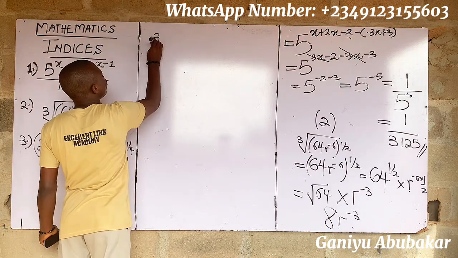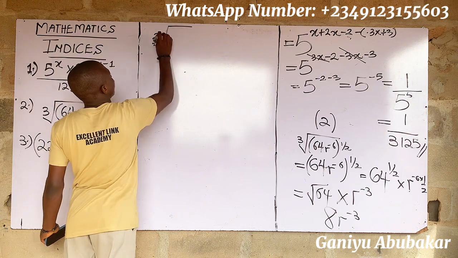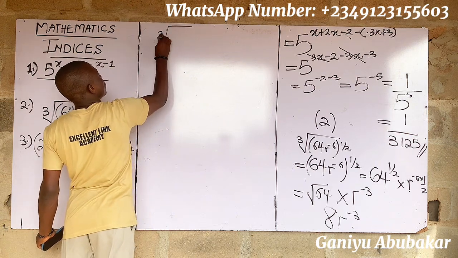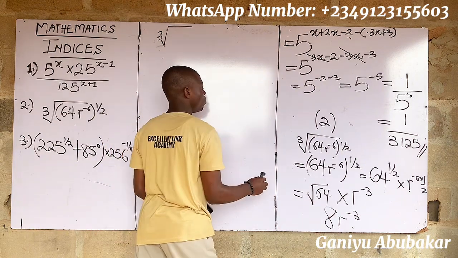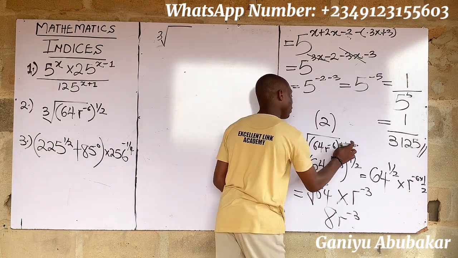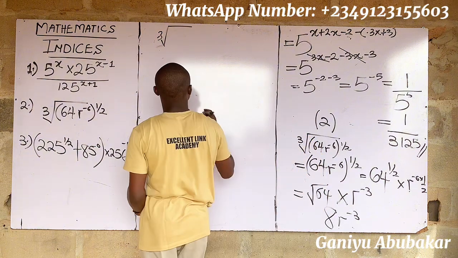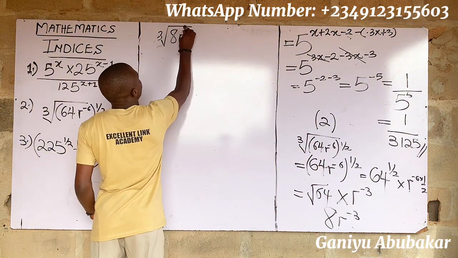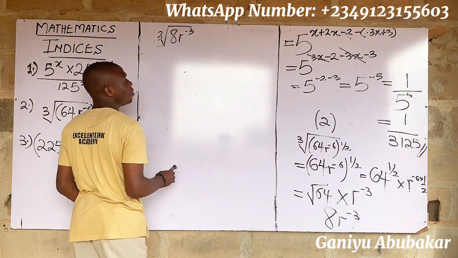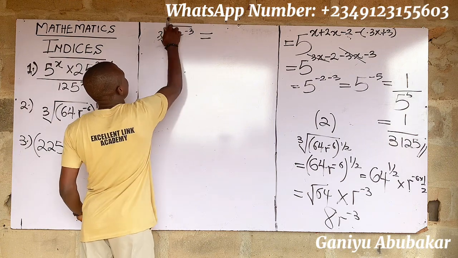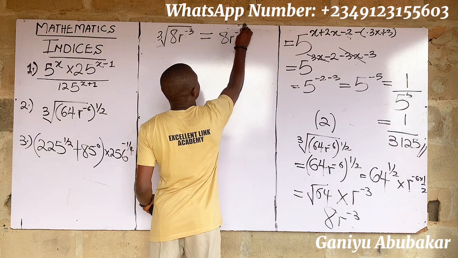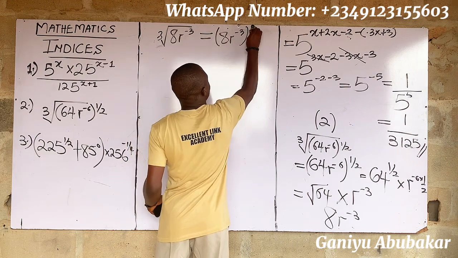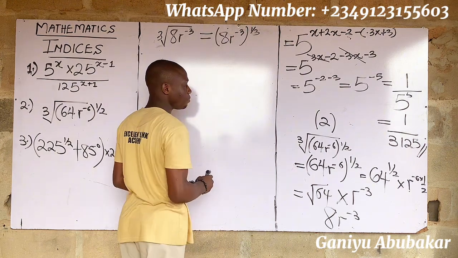I'll have the third root of what there? Of this one from here down here is 8r to power minus 3. So I have 8r to power minus 3 after simplifying. So take this third root back to indices. So I'll have 8r to power minus 3 to power 1 over 3 this way.